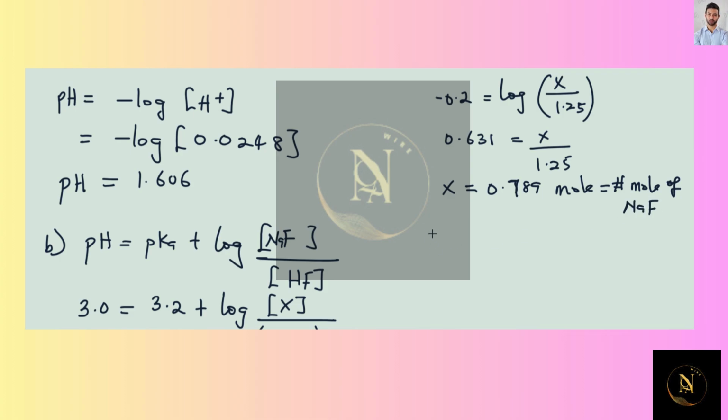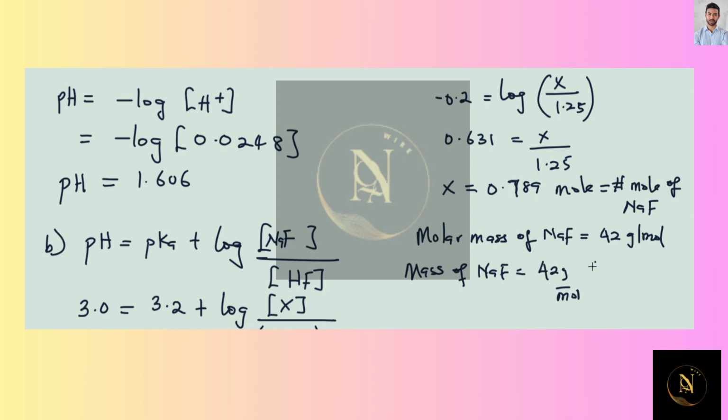Therefore, we can calculate the mass of sodium fluoride by multiplying this number of moles by the molar mass of sodium fluoride, which is 42 grams per mole. So the mass of sodium fluoride will be 42 grams per mole times 0.789 mole, and that will be 33.138 grams of sodium fluoride.